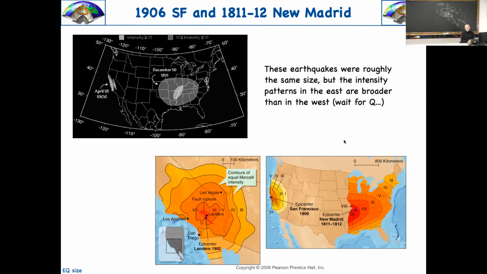There are some important, modern issues in using intensities. For example, consider a typical paradox in US seismic hazard. If you compare the 1906 earthquake that we have seen, which was recorded in Japan, one of the first recordings there, and you draw the macroseismic lines in California, you see they are usually narrow.